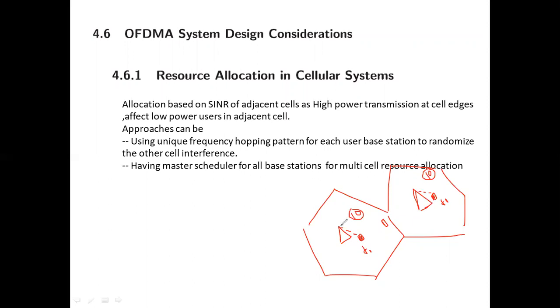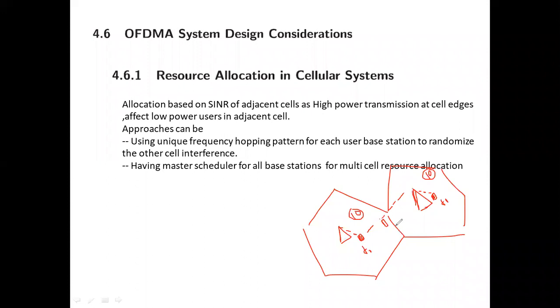So there is less chance that this user is going to be affected by the frequencies from the other tower. The frequency affects only when it is in the same frequency range. If it is in a different frequency band, it is not an issue. So for users nearer to the tower, it is not an issue, even if two calls are going on simultaneously in two towers on the same frequency.